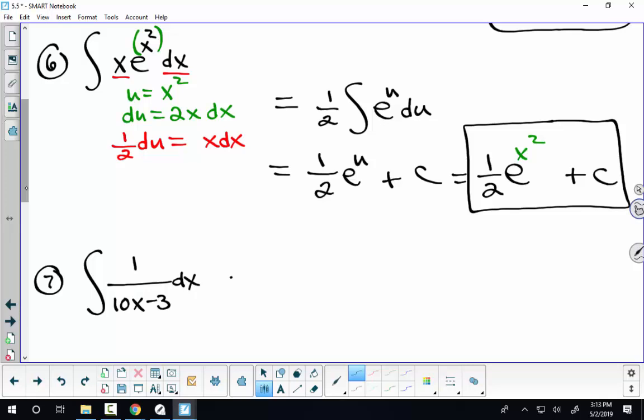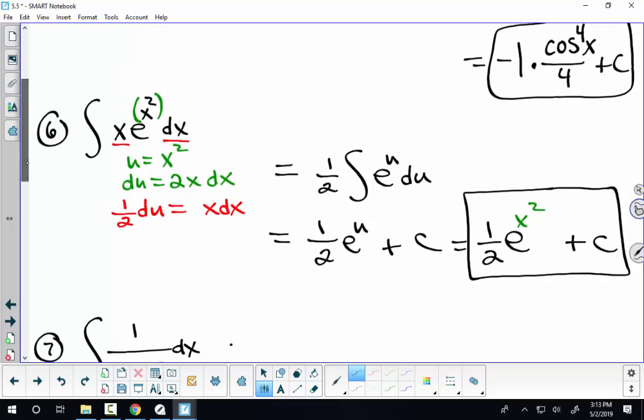Would you need to bring u down into the 1/2? Where at? When you get to the end, like the last part, because on the other board you have it written so that it's like 1/4 e to the power of 4x. Would you have to worry about getting that u into the 1/2 at all? Oh, no, because we're just seeing what we have here that's present, and we're fitting that to what we end up with after our substitution and our derivative.